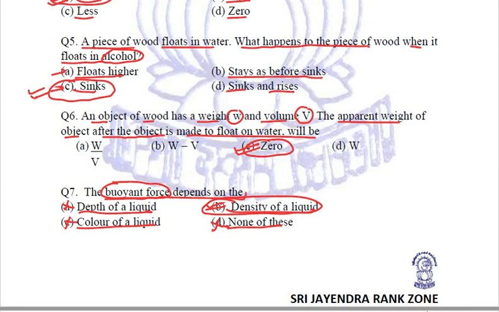Along with this, you need to remember that buoyant force or the upthrust also depends upon the volume of the object. And by the way, you also need to remember that the buoyant force does not depend on the nature of the material of the object. So all these things you need to keep in mind, right?